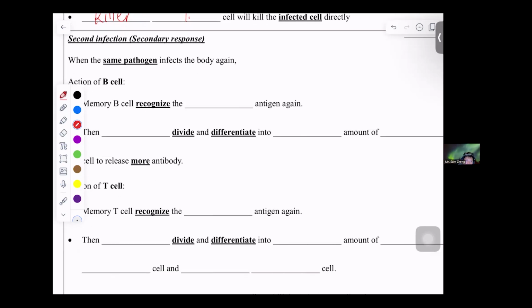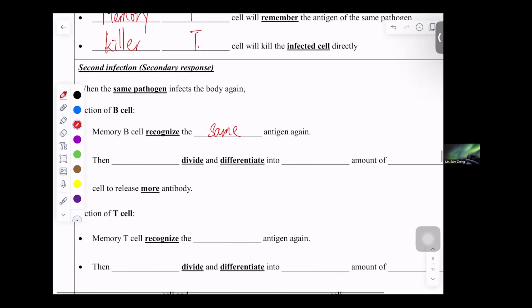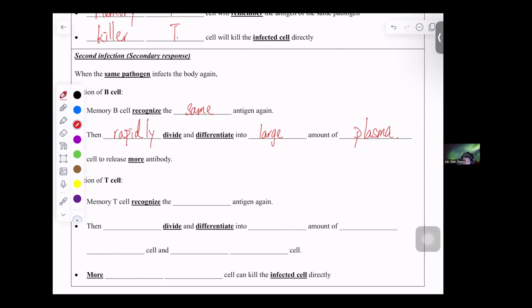For our memory B cells, as we already have them, they will quickly recognize the same antigen again. Then the helper T cells will further divide and differentiate, but this time a lot faster, so they will rapidly divide and differentiate into a large amount of plasma cells to release more antibodies.